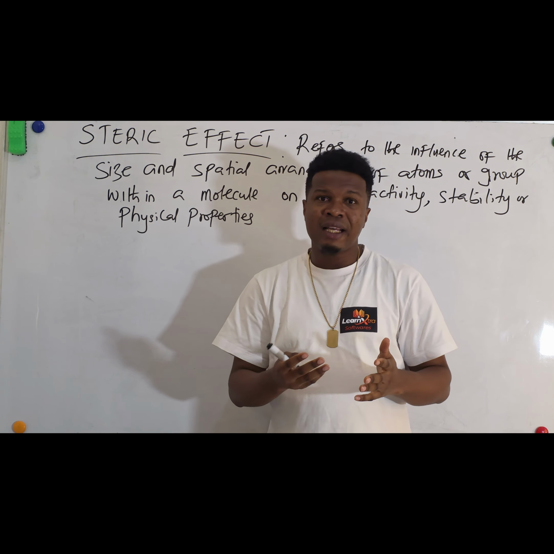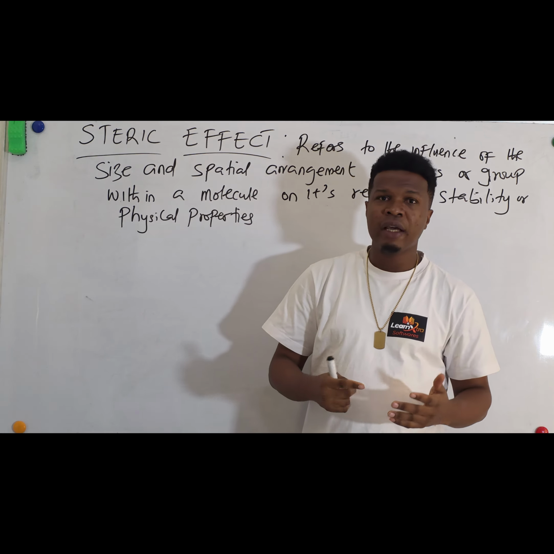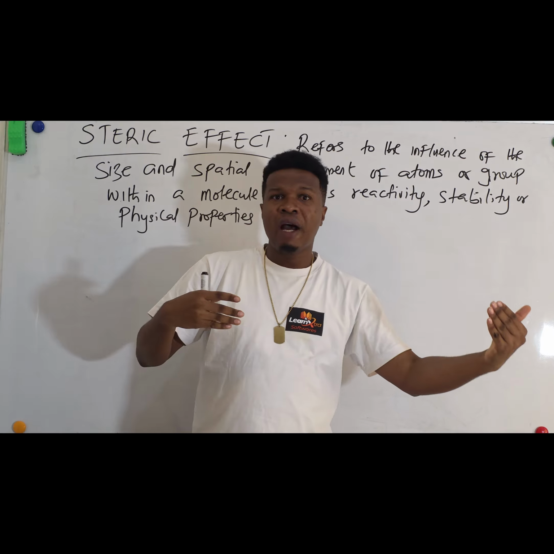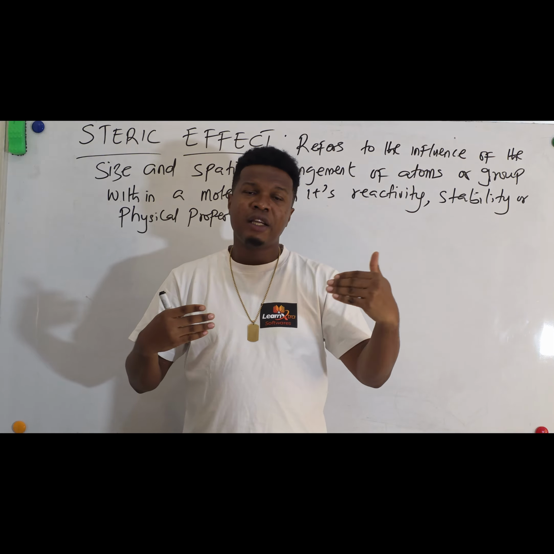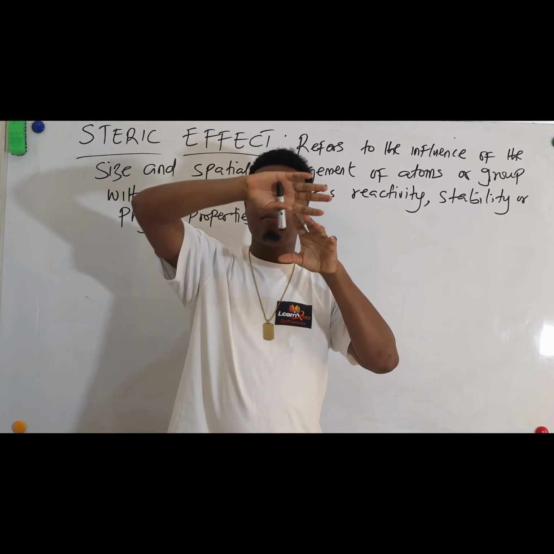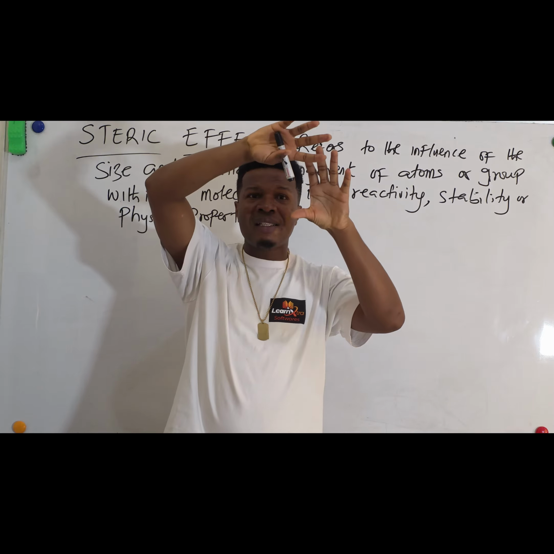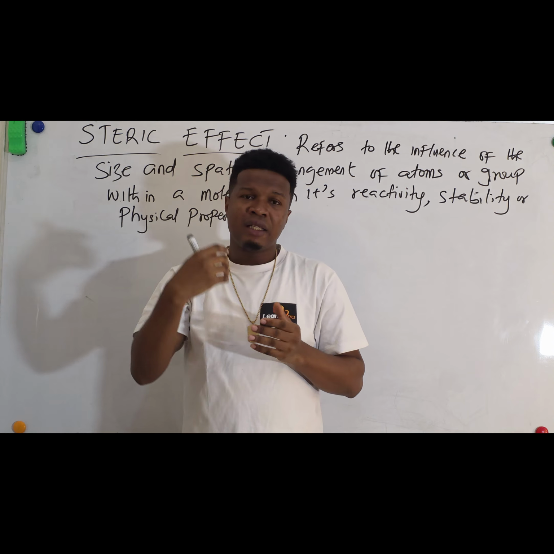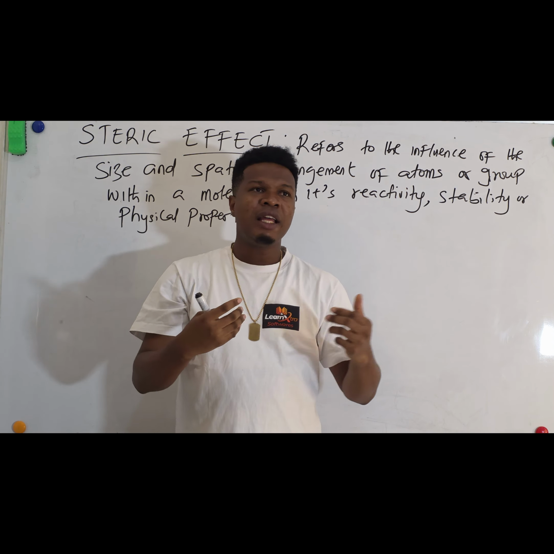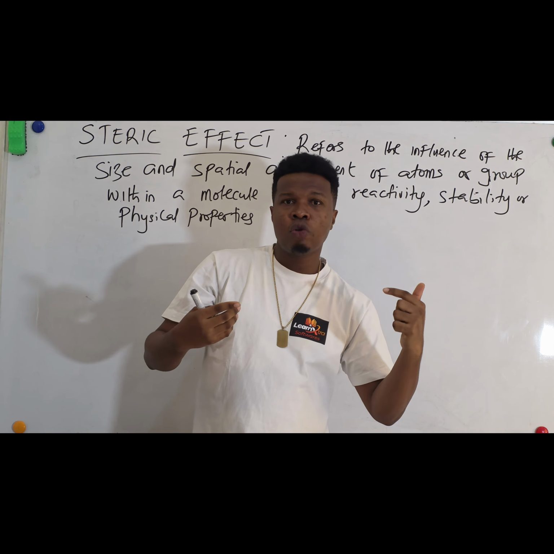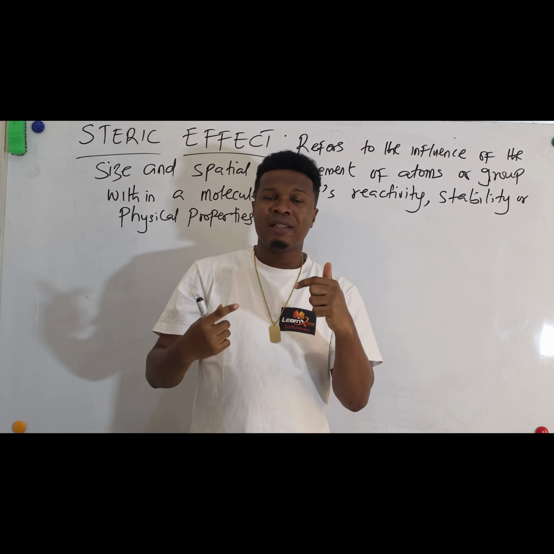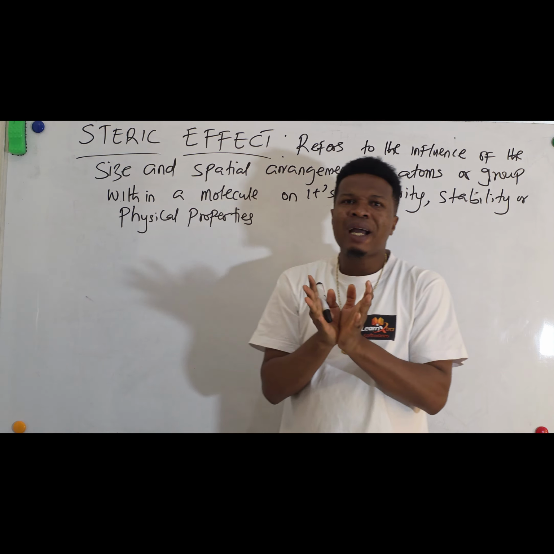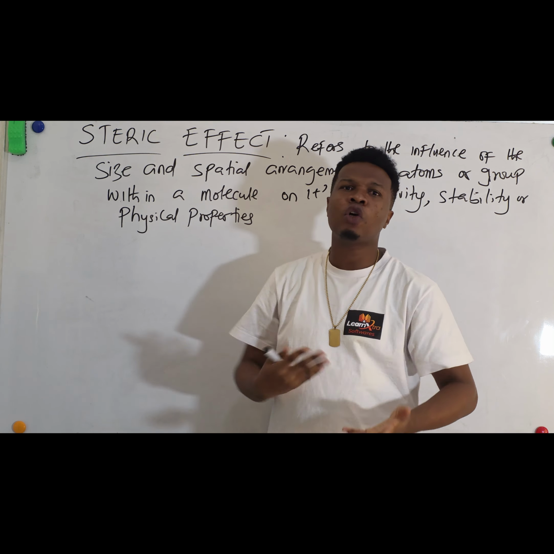One is concerted, one is stepwise. In the concerted reaction, if the nucleophile is coming to attack the substrate from the back and the substrate is crowded, let's say a tertiary substrate, the nucleophile will not be able to attack the substrate and send the leaving group out. So the size of the atom can affect the rate at which the reaction will go.